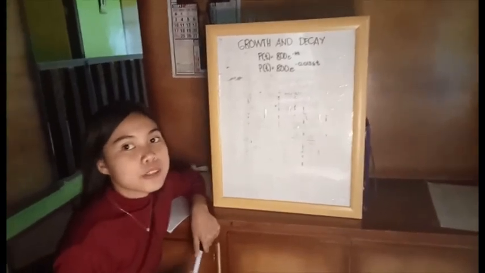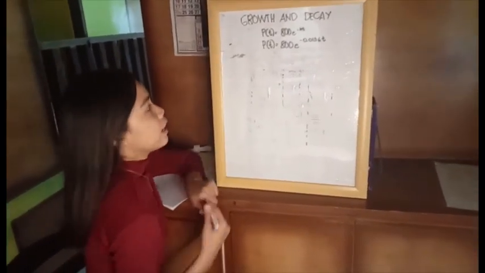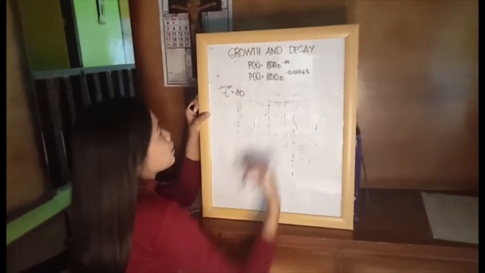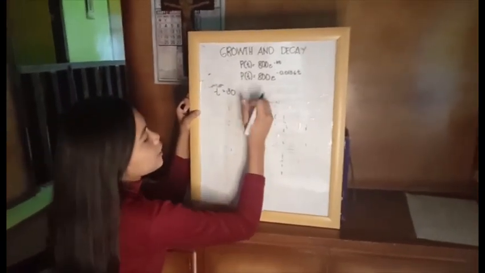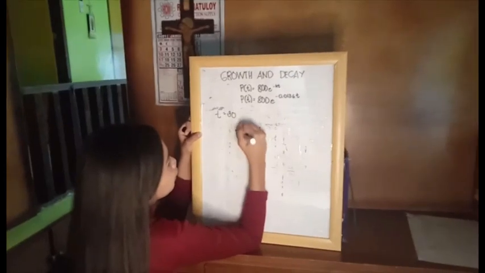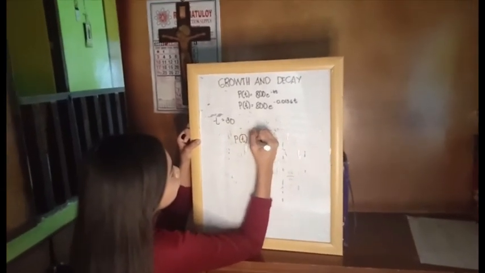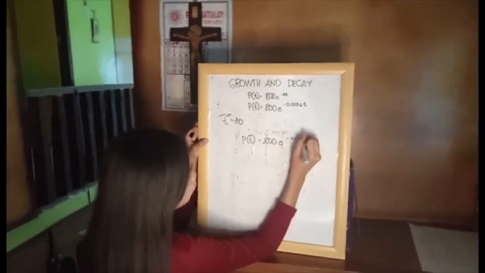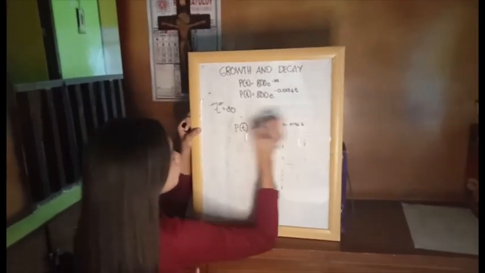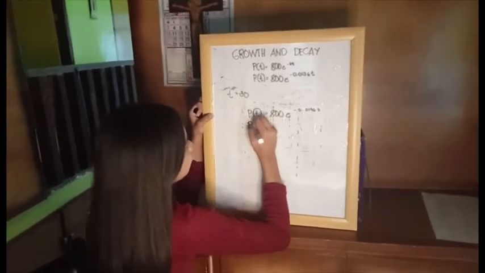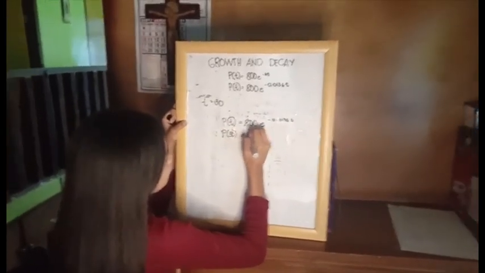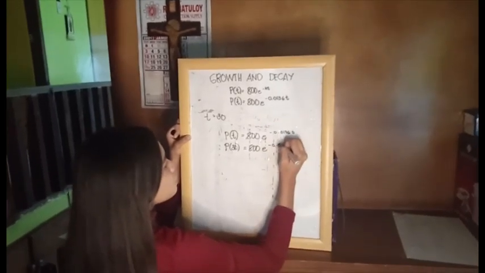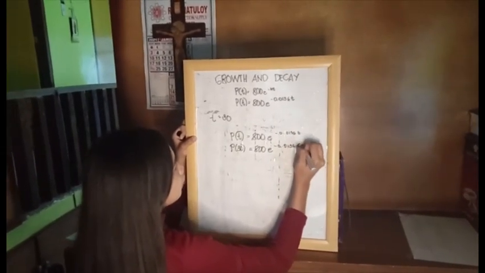So now we are going to solve the mass remaining after 30 days. So our t will be 30. We can now substitute this to the equation. P(t) = 800 e^(-0.0136t). P(30) equals 800 e raised to negative 0.0136 times 30.